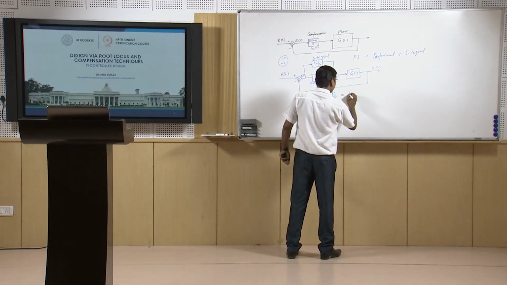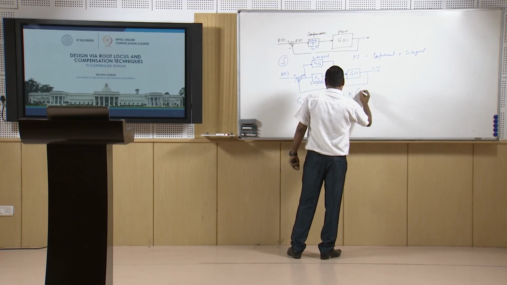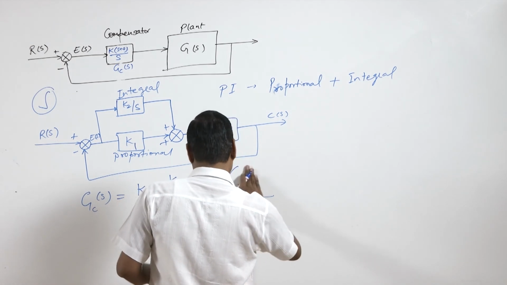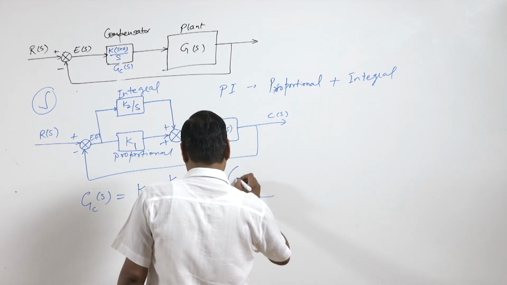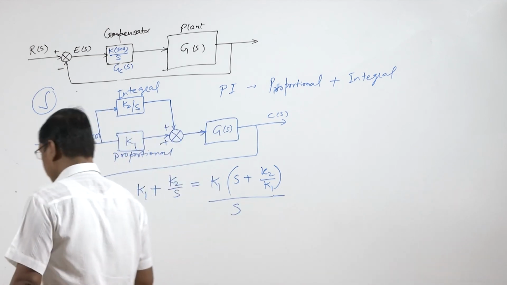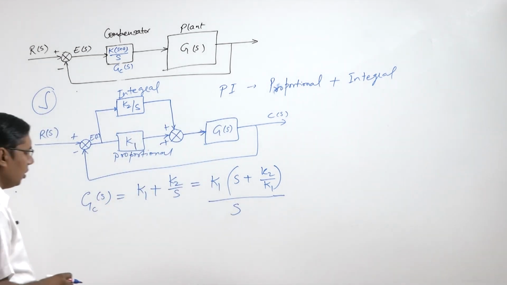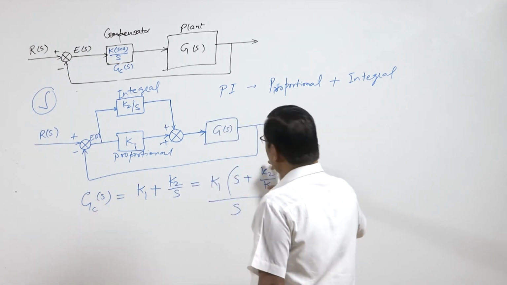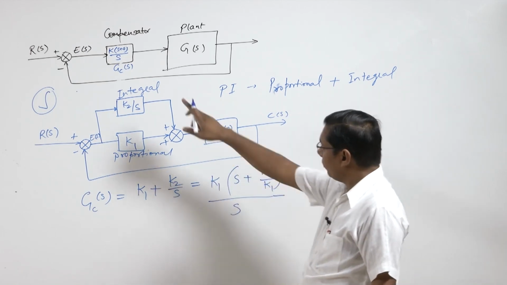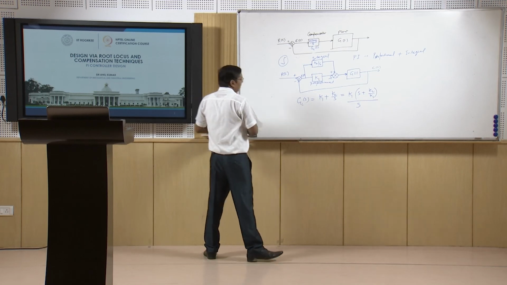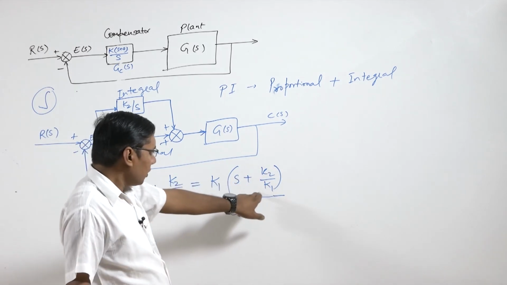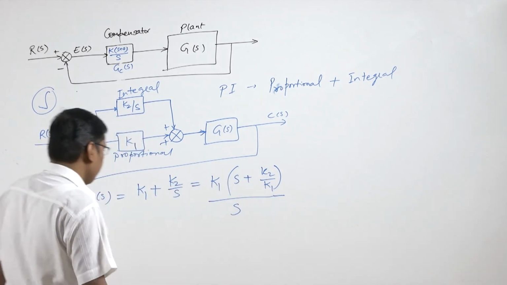So, this is equal to K1 times (s plus K2 by K1) divided by s. Here we can see that a is equal to K2 by K1, and K1 is equal to K. So the location of a, that is the 0, can be adjusted by varying K2 and K1.